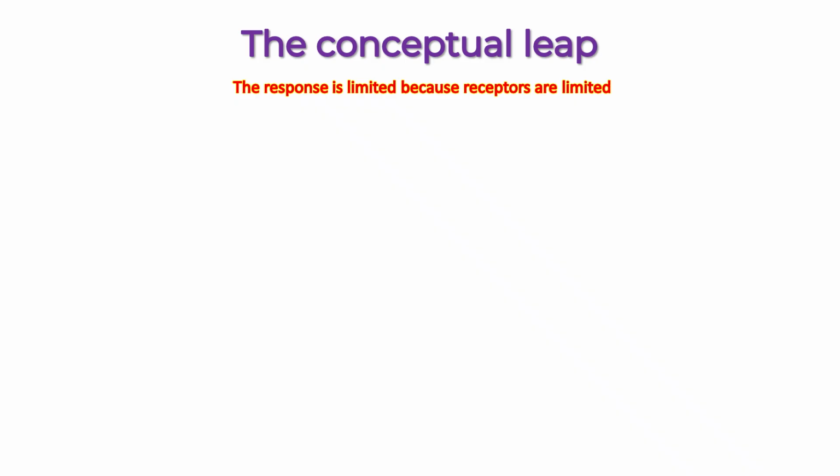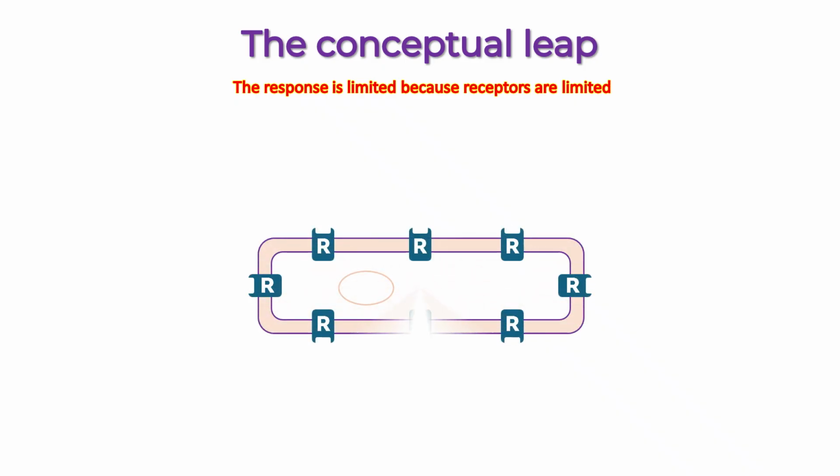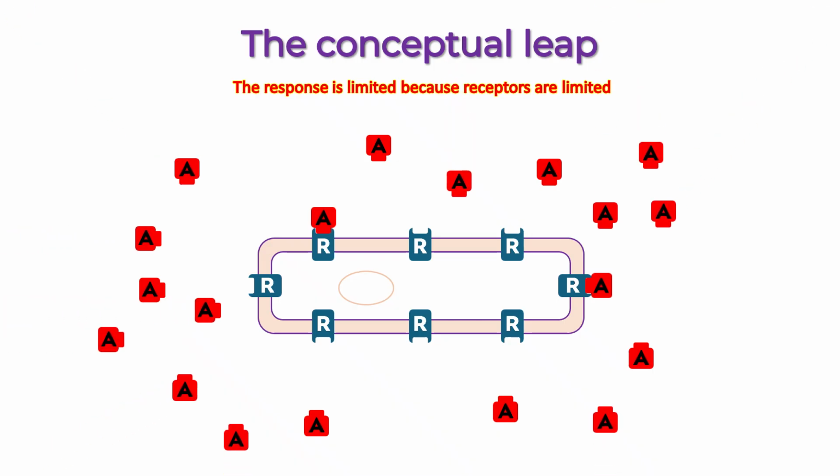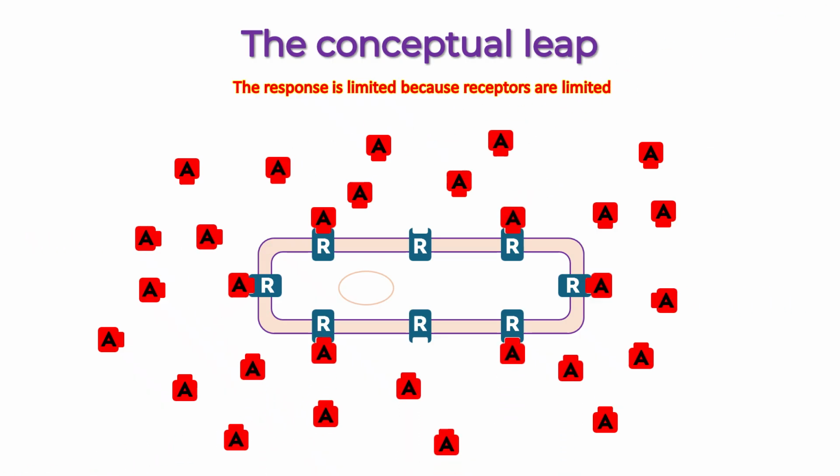To demonstrate this, we have a cell containing a finite number of receptors. When an agonist drug is added at a low dose or concentration, only some of the drug molecules are bound to receptors at any one time, and many receptors remain free. As more agonist is added, a higher proportion of receptors become bound, until eventually at equilibrium, all available receptors are occupied by drug molecules.